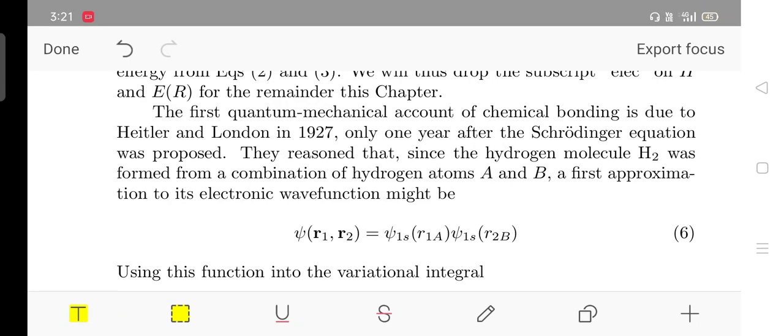It means the first electron may exist in nucleus A, and the second electron exists in nucleus B. Then we can write the combined wave function for these two electrons. For every electron, there is one wave function associated with it.